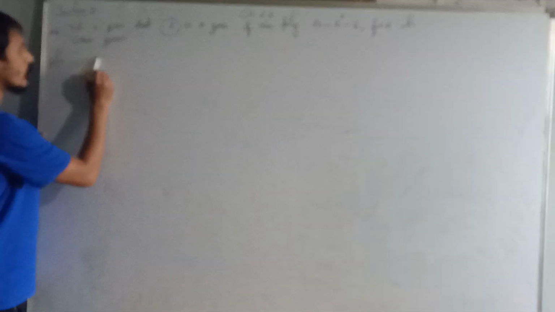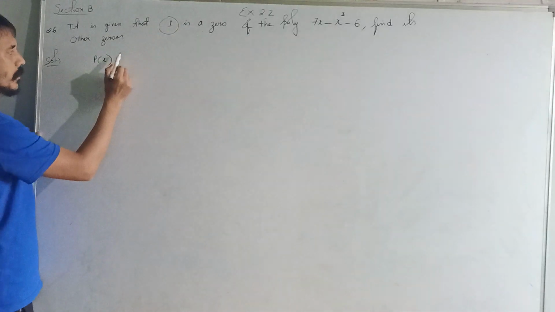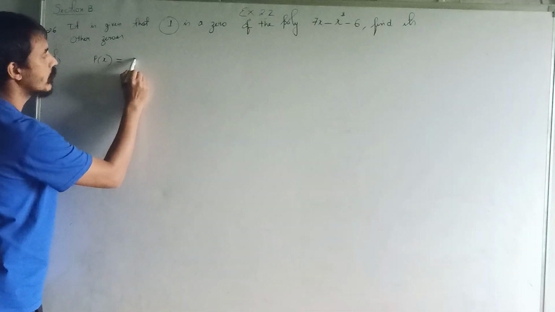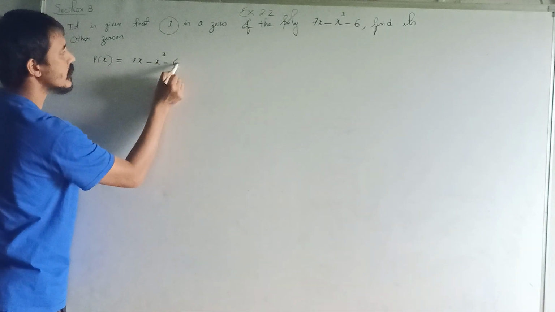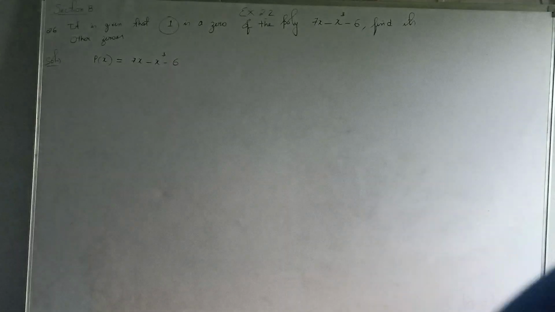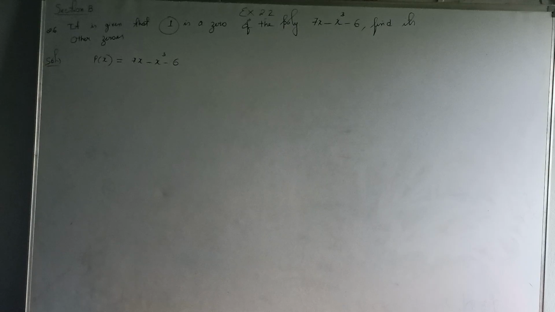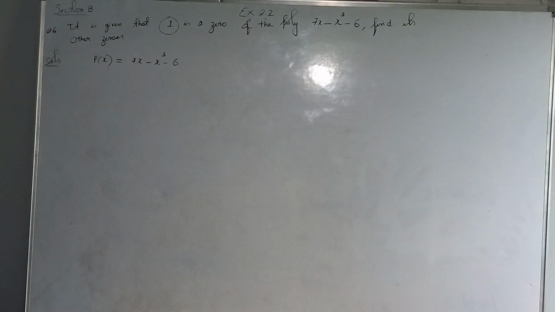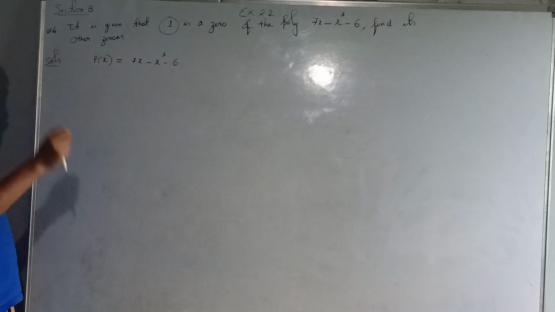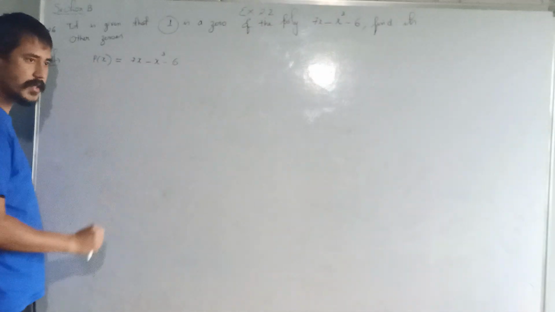So here, let's say that p(x) is your polynomial: 7x minus x cubed minus 6. It is not arranged.